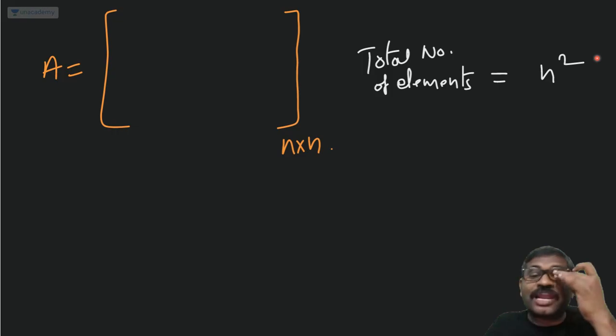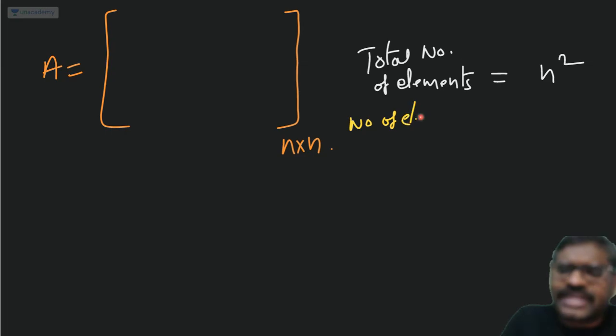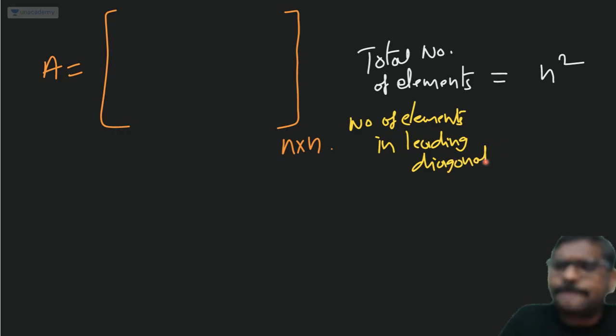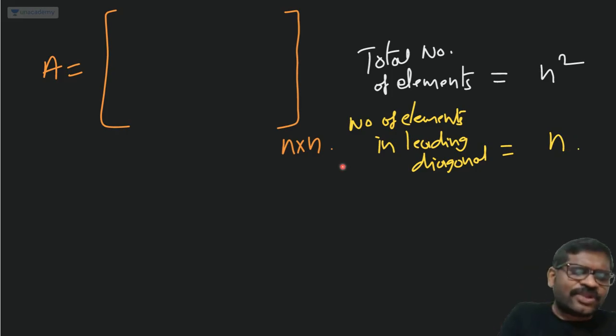Now, sir, how many entries are in the principal diagonal? How many elements are in the leading diagonal? N. Now, sir, why are you writing leading diagonal? I require symmetry.